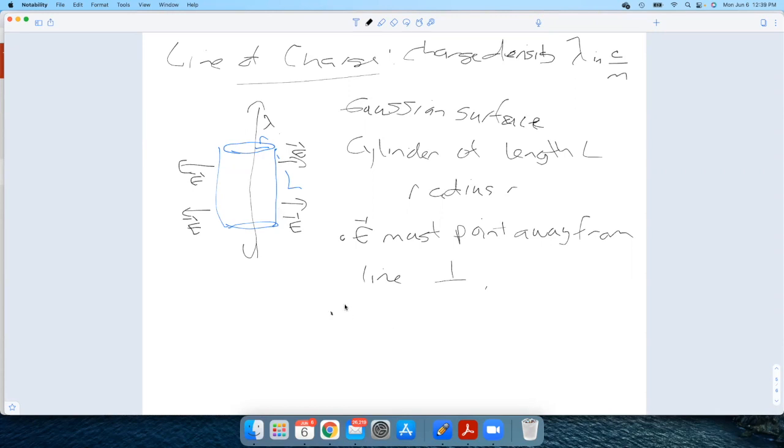Also, in magnitude, E must be constant on not these end caps, but on this outer sheet. I should say on.